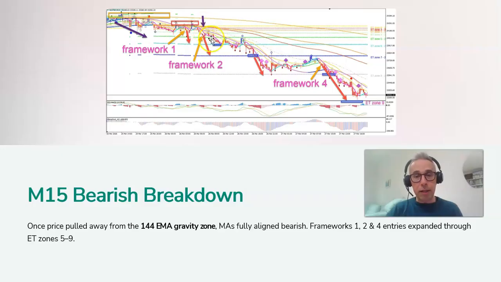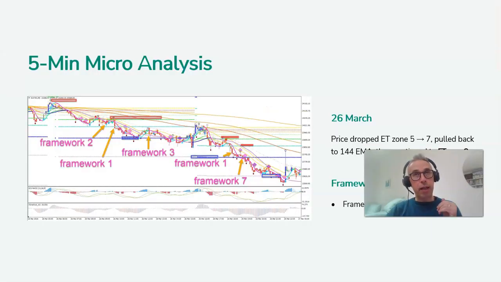And you can see the price falling to those levels, ET6, 7, and 8, and even to 9, as it managed to escape from that gravity zone of 143 MA. You can see the price was stuck between the long-term moving averages right here, and then managed to pull away as soon as we got a break below ET levels 3 and 5.